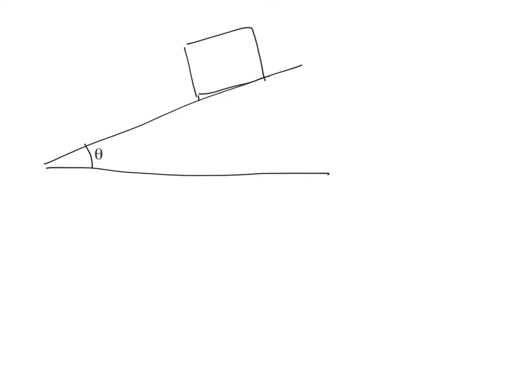Those kinds of situations are helpful. If we have forces going one direction and the other direction, we can simply add or subtract them. If both are going up, we add them. If one's going up and one's going down, we subtract them, or one's going right and one's going left, we subtract them.